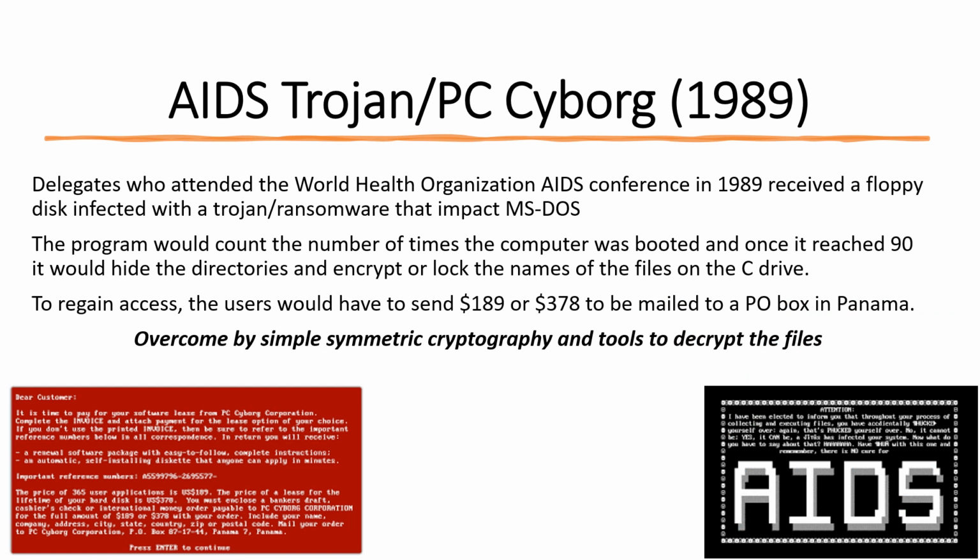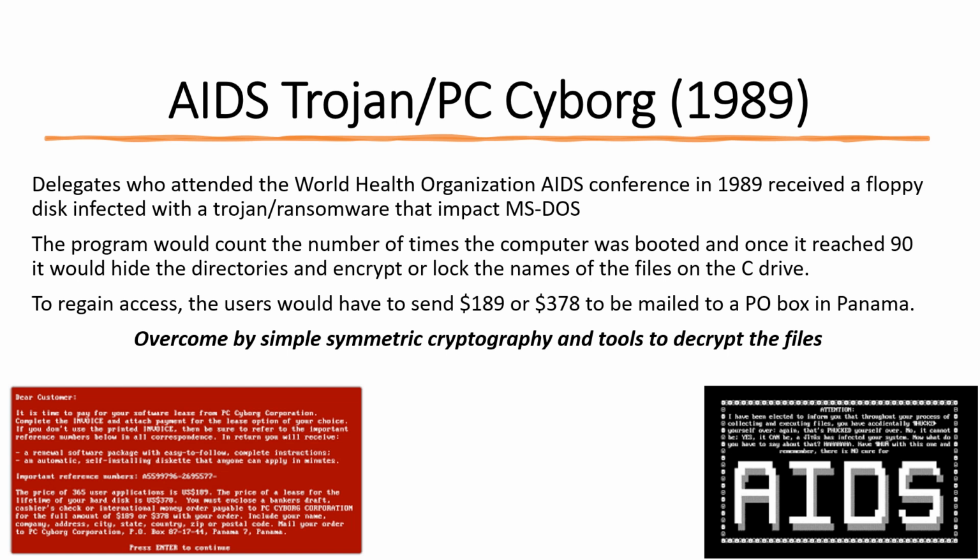Ransomware-type attacks have been around since the first identified ransomware attack in 1989 with the AIDS Trojan. Delegates who attended the World Health Organization AIDS conference in 1989 received a floppy disk infected with a Trojan ransomware that impacted MS-DOS.